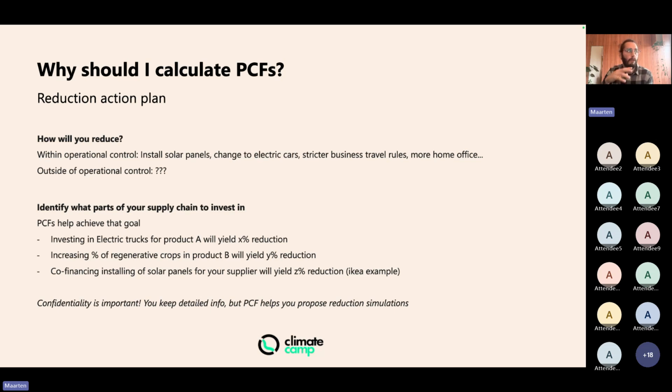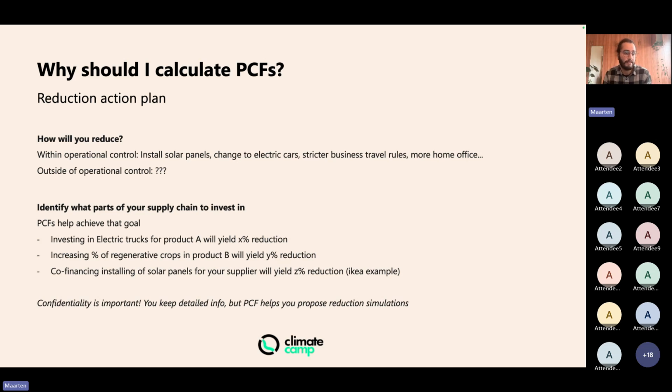For example, we can simulate investing in electric trucks for shipping product A, which can yield an X% reduction. Increasing a percentage of regenerative crops for product B can yield a Y% reduction. Co-financing installing solar panels for your supplier can yield a Z% reduction. The first two examples are actual examples that Climate Camp customers are already trying to implement.